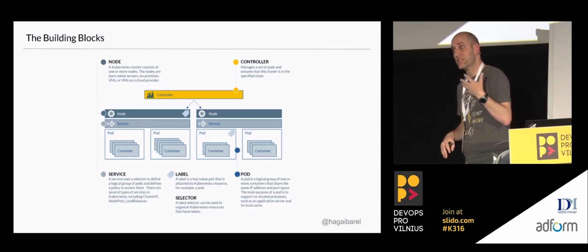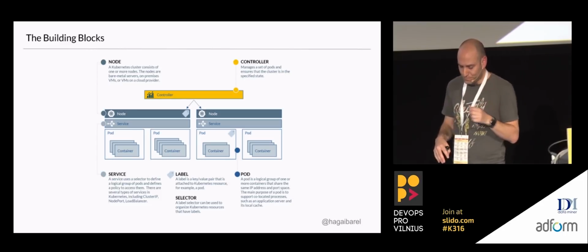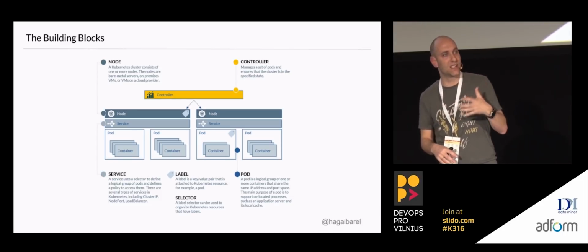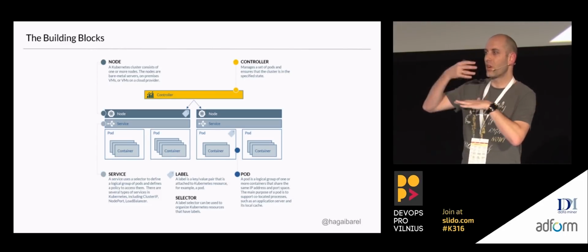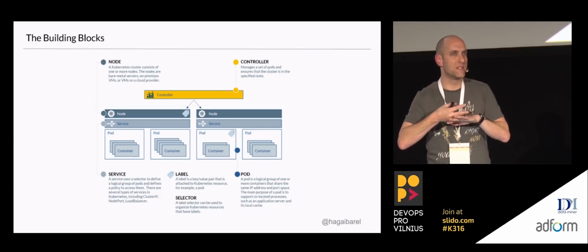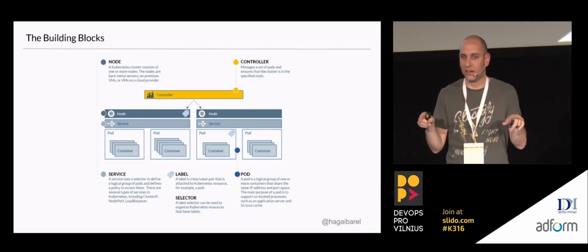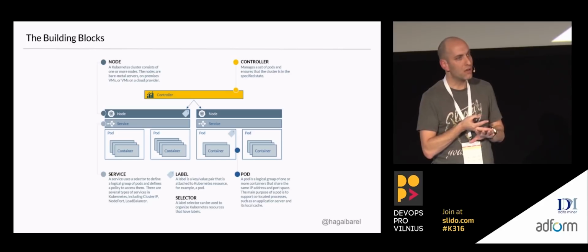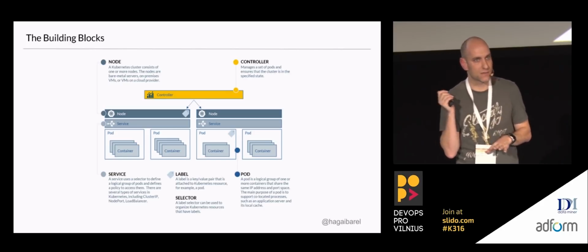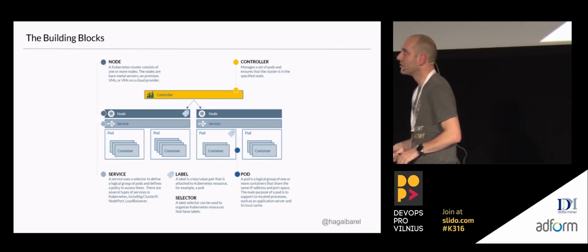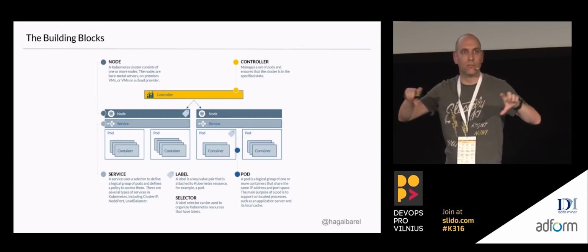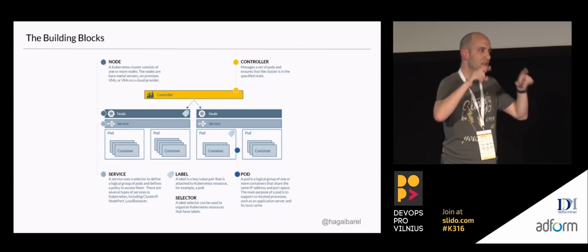I would do that with a service, which is designed exactly to do that. It's an abstraction above the kube-proxy. The kube-proxy is the one that does the routing, but the logical abstraction above it is the service. It uses labels and selectors to bind to the group of pods that it manages and routes traffic to.